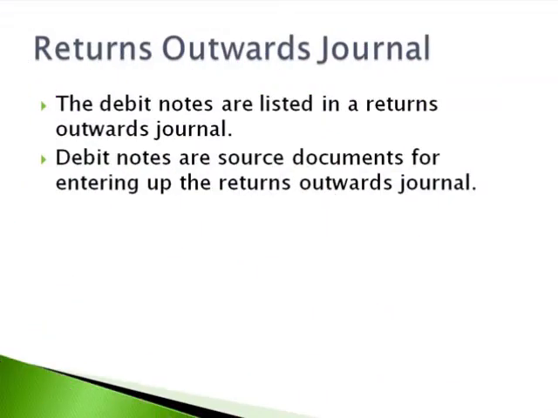As it relates to the returns outwards journal now, the debit notes are listed in the returns outwards journal. Please note, debit notes are source documents for entering up the returns outwards journal.